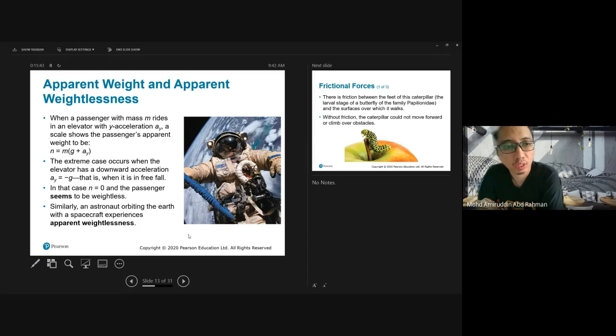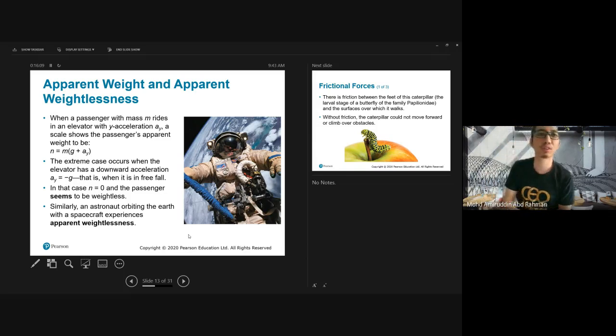So the extreme case occurs when the elevator has a downward acceleration, when ay is equal to minus g. That is when it is in free fall motion. When in free fall motion, we don't even feel ourselves.